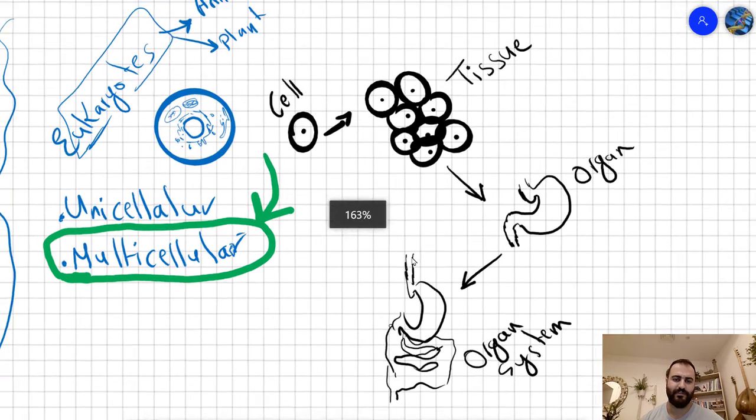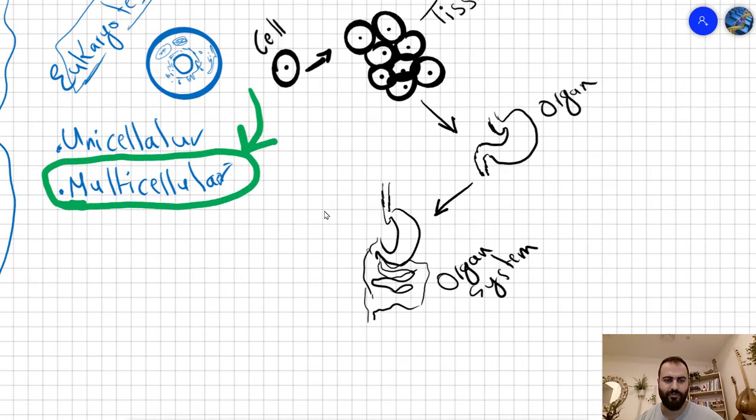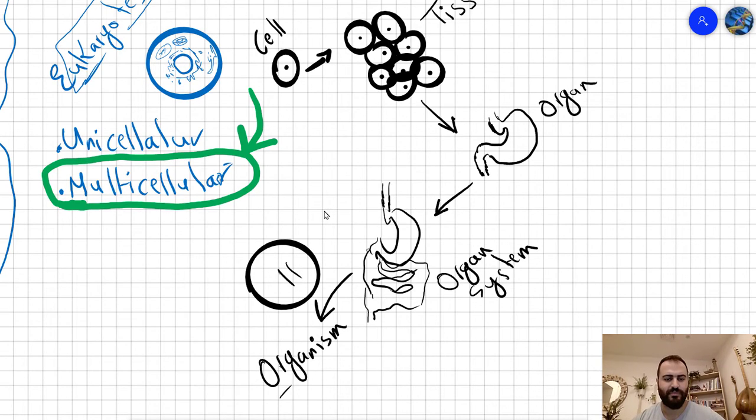And many organ systems work together to form the organism. Speaking about humans, we have 11 organ systems that work together in order to allow the body to function and sustain all life processes. Okay, so these are the levels of organization in a multicellular organism.